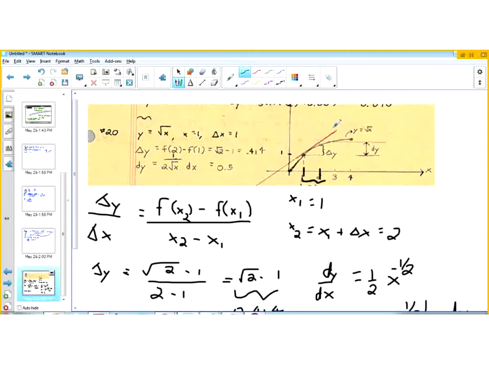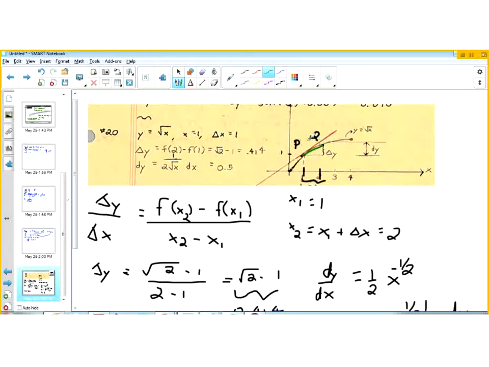Since x is 1, I sketched, and shown in red, the tangent line to the square root function at x equals 1. And then here's your Q and here's your P. So delta y over delta x, delta y of course is the change in height of the secant line, which is shown in green. Here's your secant line.